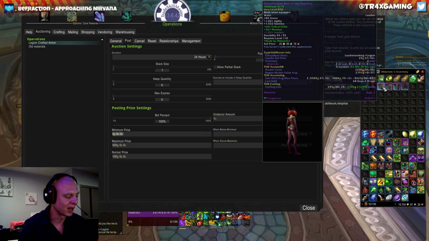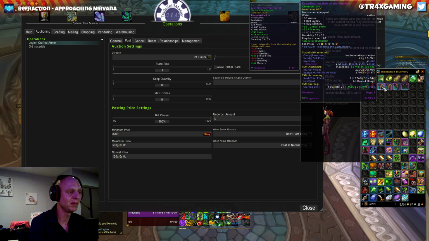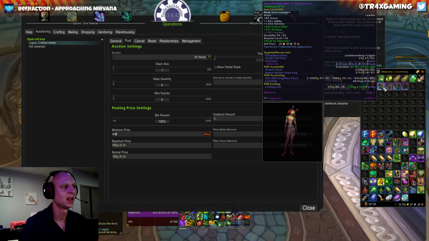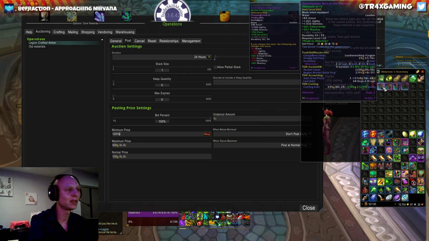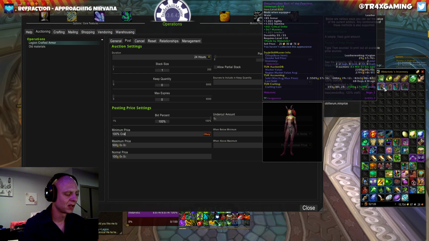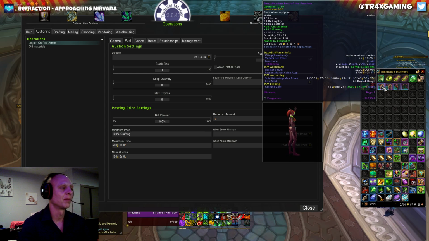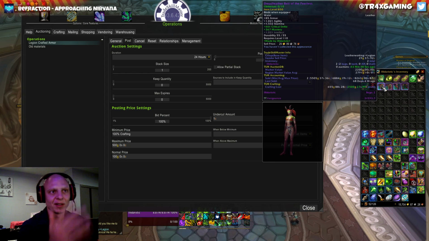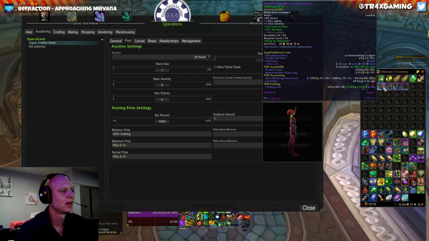So my minimum price would be, well, I'm gonna do this something else. The minimum price would be at least 100% crafting. So now my minimum price will be 655 gold. And that's good. If you farm the leather yourself, that's a nice profit margin.